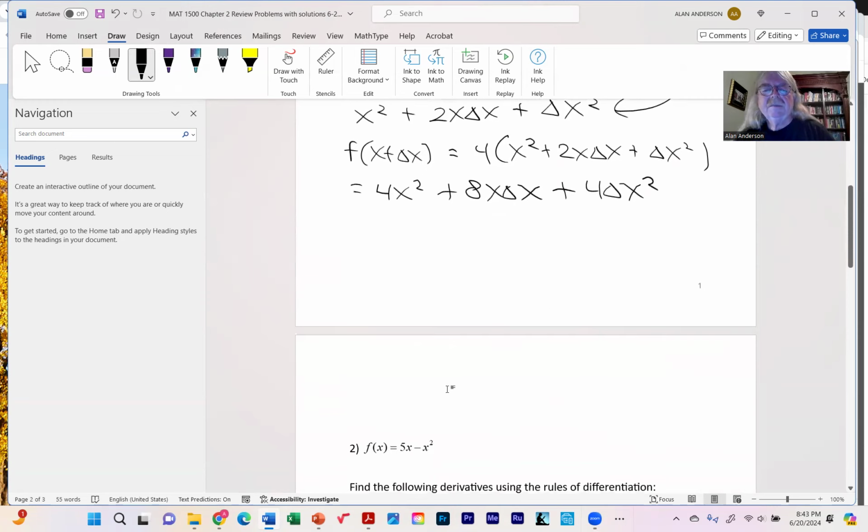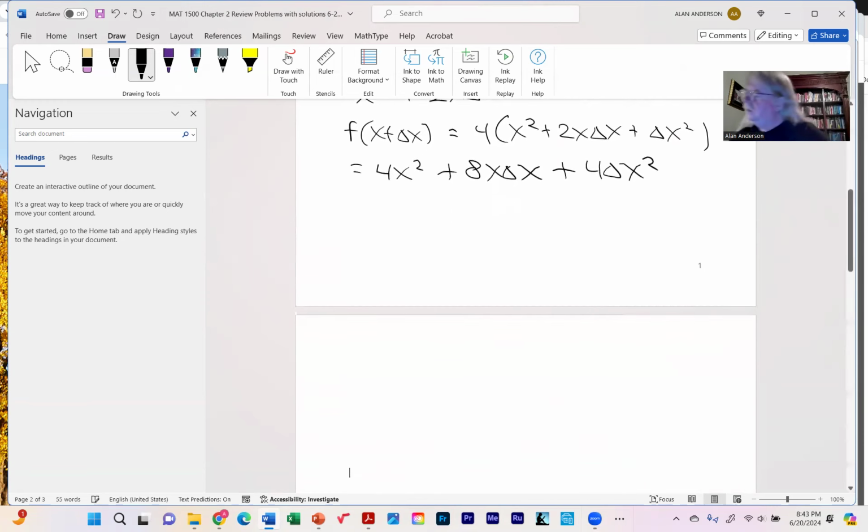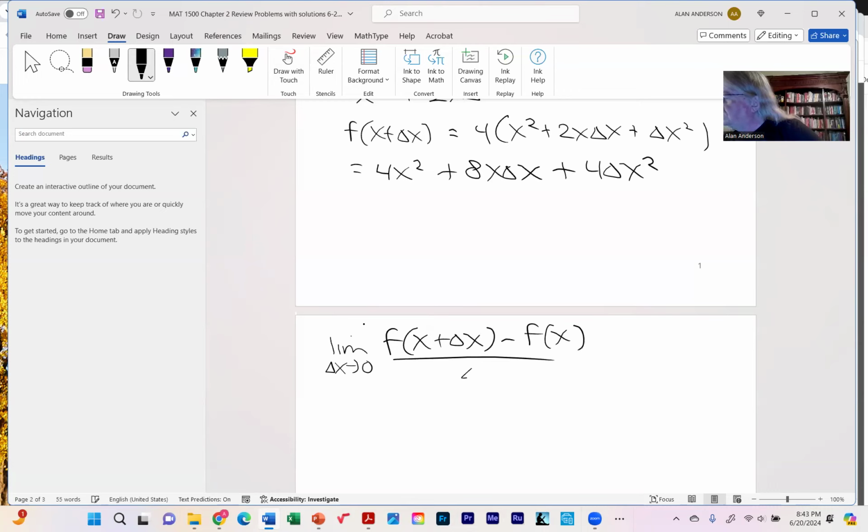So that means that, let's move it down here, the limit of this expression is therefore equal to, all right, so we just copy this part.